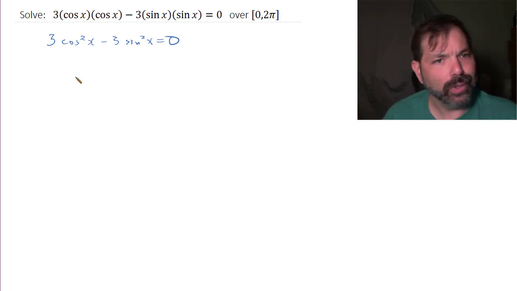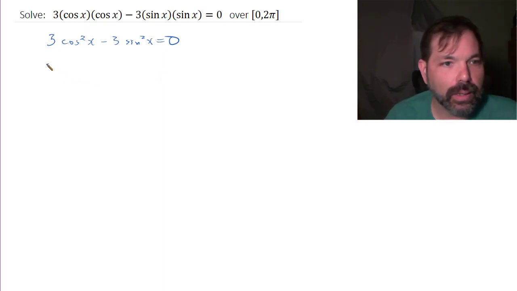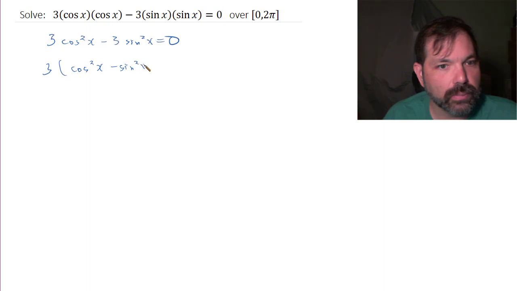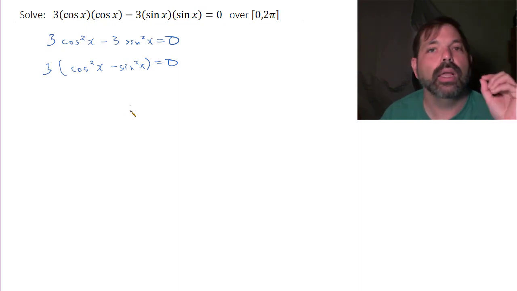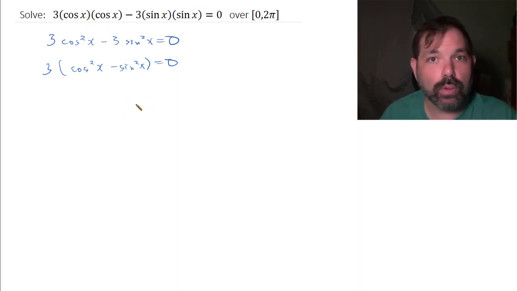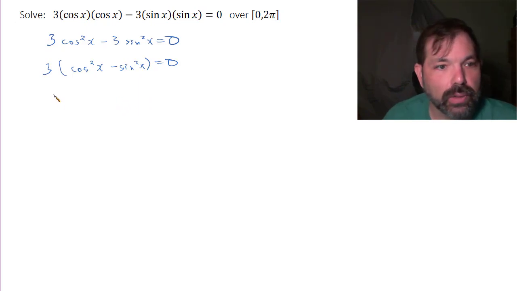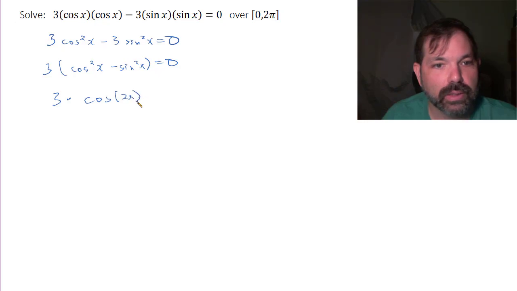So now, if we did a little bit of factoring, I could think of this as 3 times cosine square x minus sine square x is 0. And I look at that and I say that cosine square x minus sine square x, I remember something about that. That is the identity for cosine 2x. So this is the same as 3 times cosine 2x is 0.